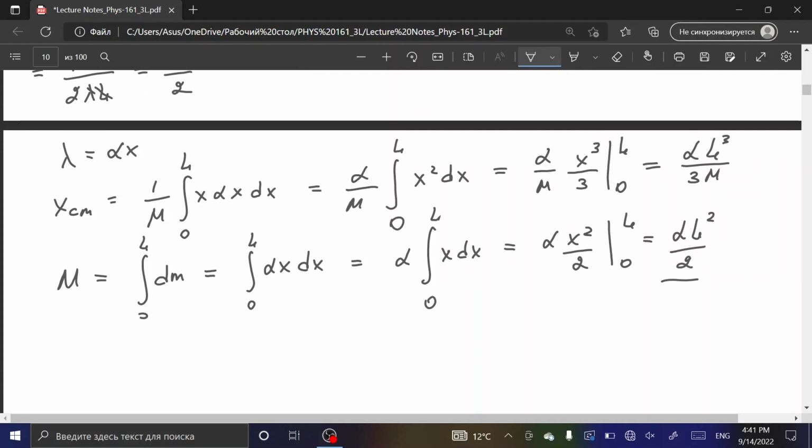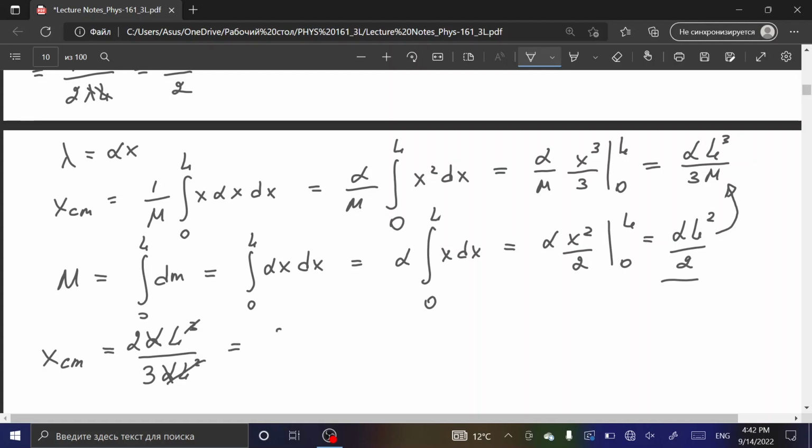Now we can substitute it here for capital M in our previous equation for the position of the center of mass. So we have alpha times L cubed over 3 times alpha L second power, and 2 we can put here in the numerator. So we cancel out this alpha, we cancel out L second power in the denominator and this cube in the numerator.